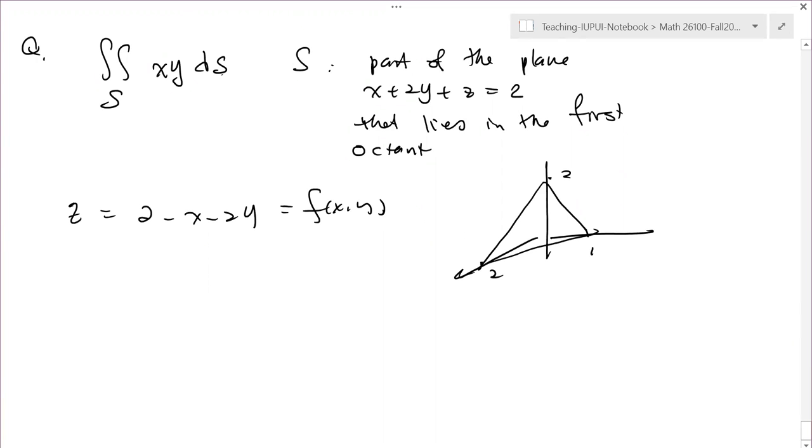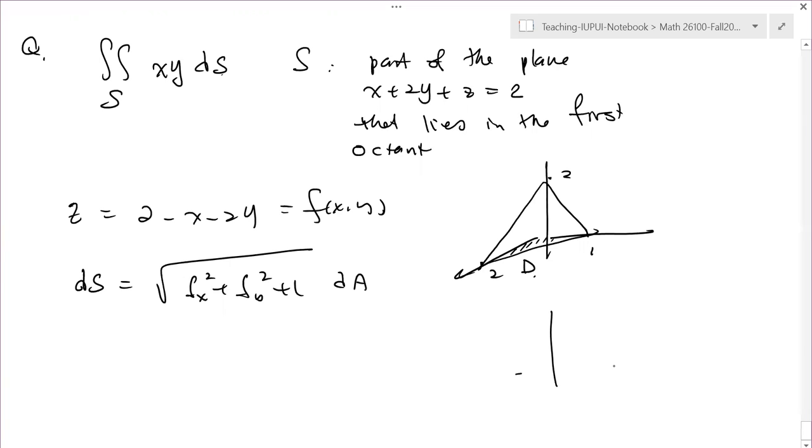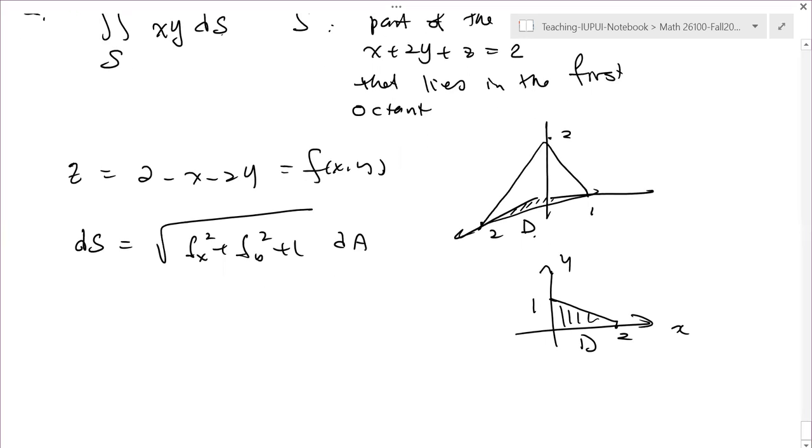So we already know for the graph, dS is going to be square root of f_x squared plus f_y squared plus 1 dA, okay? dS is this times dx dy, okay? This is a domain D, okay? So the surface integral will be the double integral over D. Okay, what is D? D is, and here's 2, here's 1. So that is D, right? You view the triangle as a graph of the function over this D. Then dS is going to be this, okay?